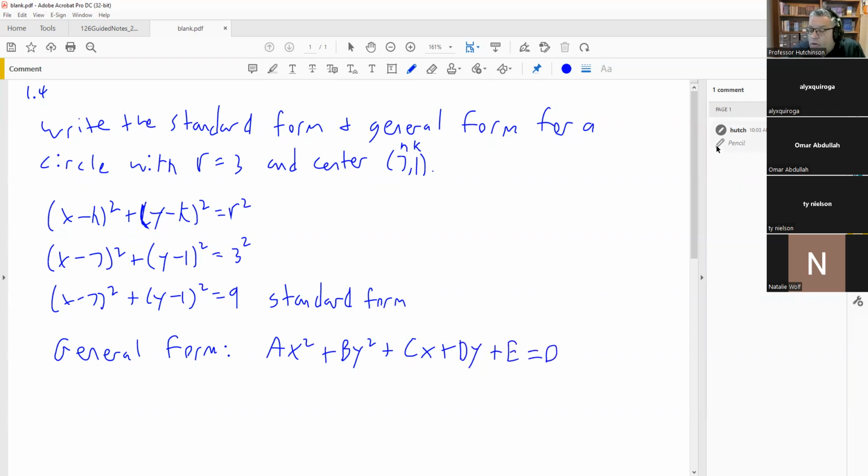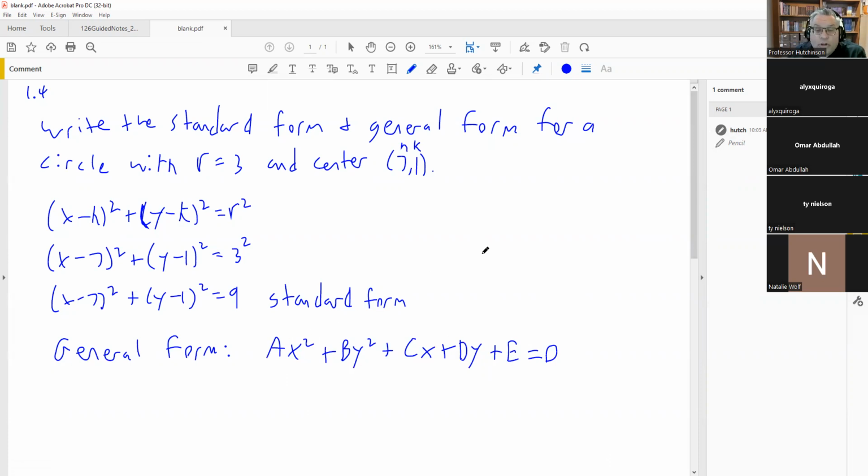This is what the general form is. You have to start with the squares, x squared and y squared, and then we just have a regular x and a y and an e.